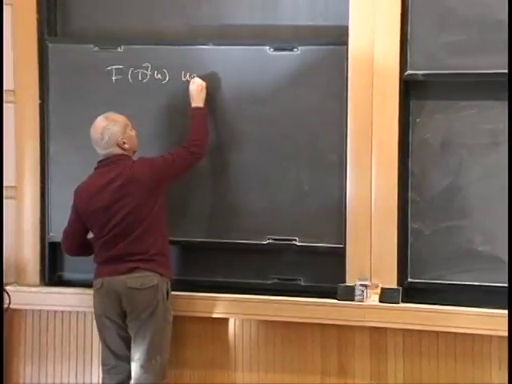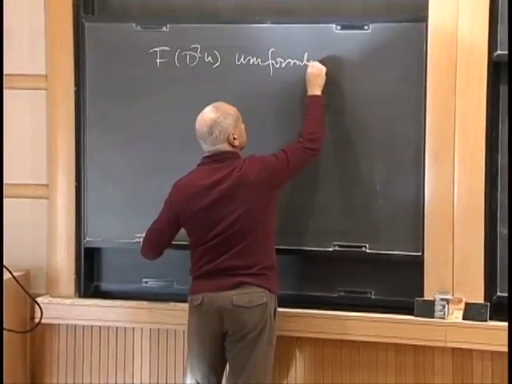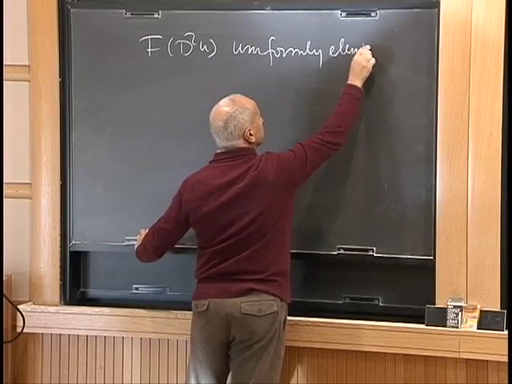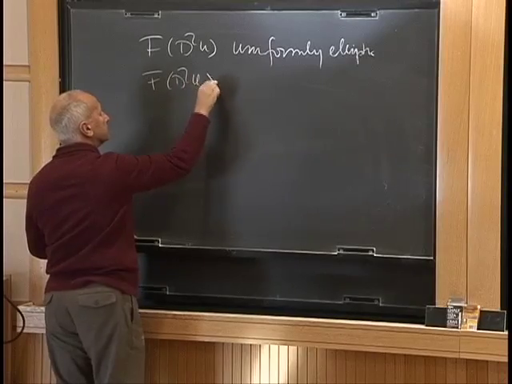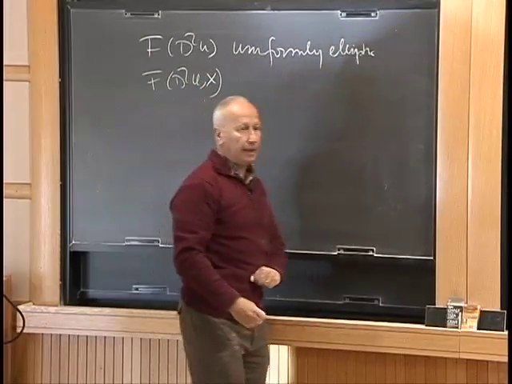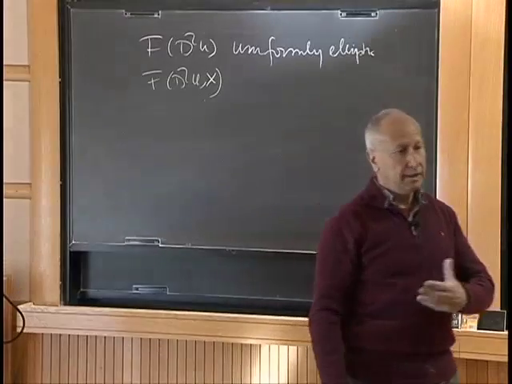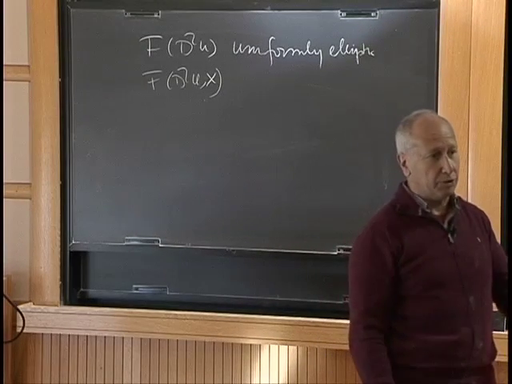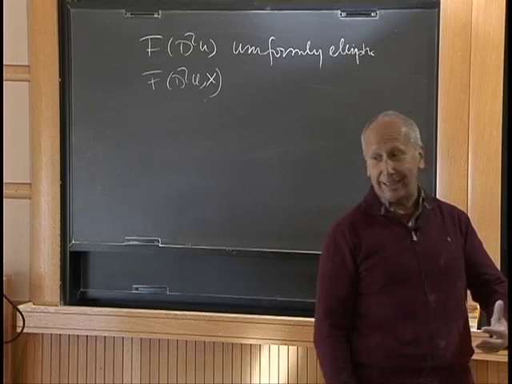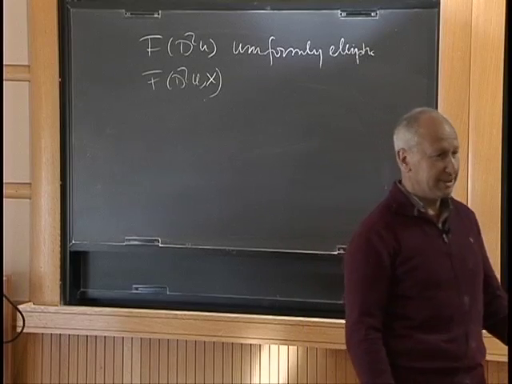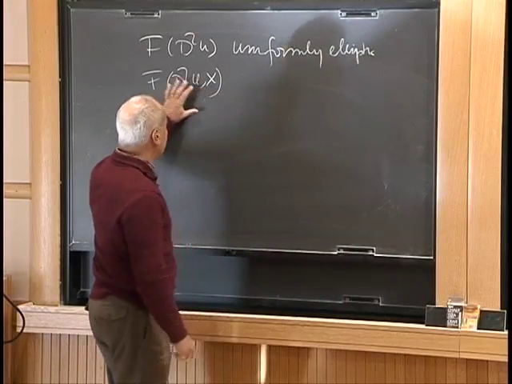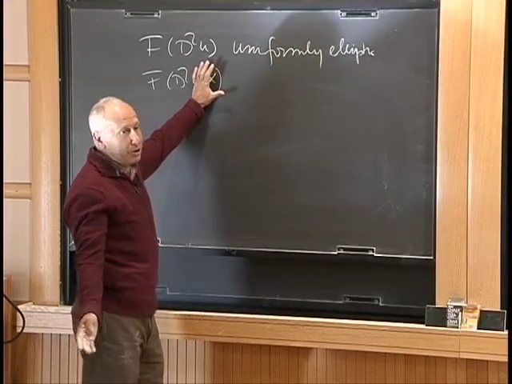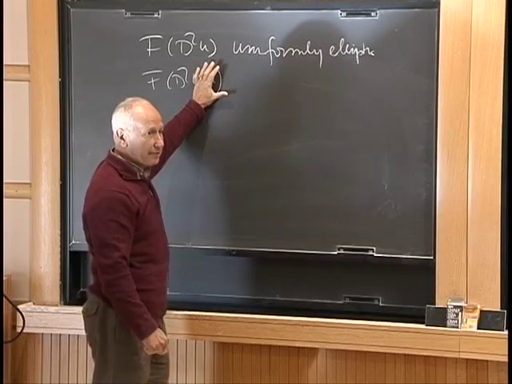I'm going to look at equations f of D square of u uniformly elliptic. You can put f of D square of u and x. And I won't go through it, but you can recuperate all of the Schauder estimates or whatever. You can go as far as the operator without the x goes. In other words, if you put here an x which is, let's say, Hölder continuous or even bounded, and this is not concave, you cannot go beyond C1 alpha, but you can go all the way to C1 alpha.